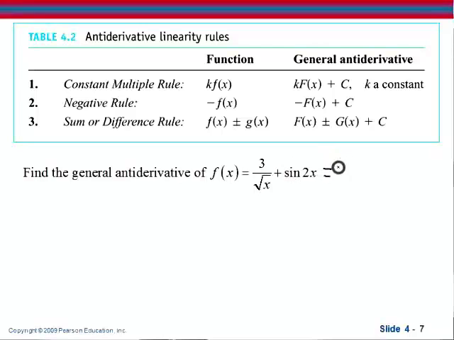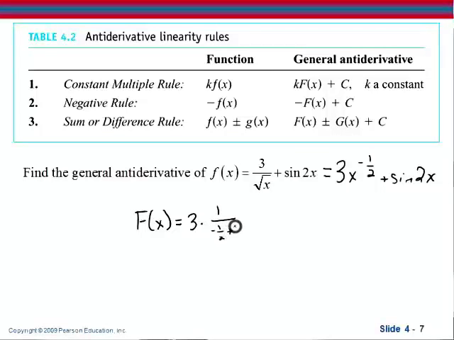Now, first thing I want to do in order to do this one is make this 3x to the -1/2 plus sine of 2x. Okay? Now when we find the general antiderivative, remember what we do is we take our constant, which is just 3, and we're going to say 3 times 1 over -1/2 plus 1 x to the -1/2 plus 1 plus.